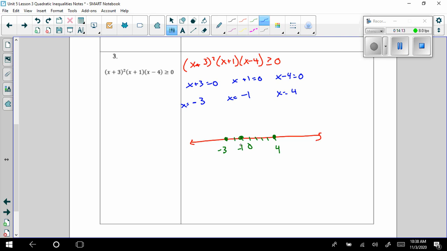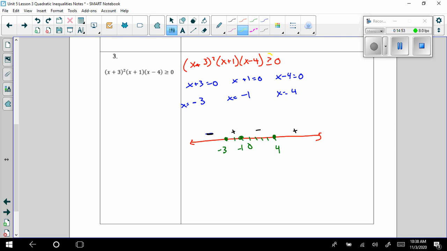This is not just a quadratic. I know that most of this is, but plugging in values less than negative 3 results in a negative number. I'm not doing these out, just trust me here. In between negative 3 and negative 1 results in a positive. Something in between negative 1 and 4, like 0, results in a negative, and then past 4 results in a positive. Now, don't get ahead of yourself and start shading those negative sections.